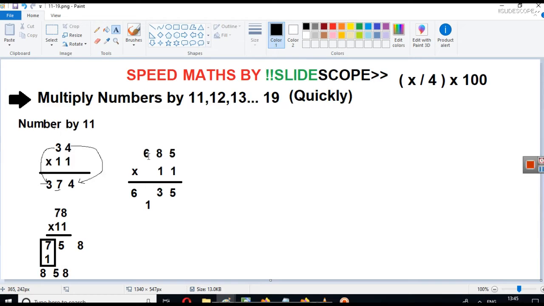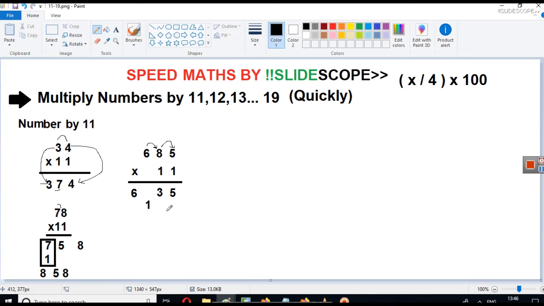Then add 6 and 8. So you have to add these digits now. In the previous case we were adding these two numbers. In this case you first have to add this and this, and then add this and this.